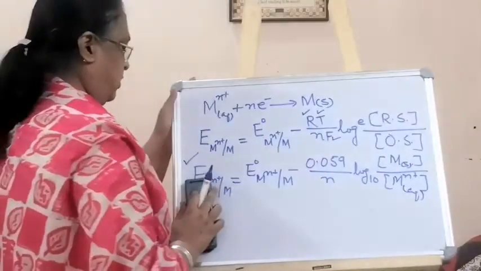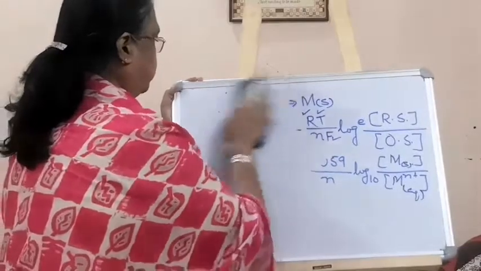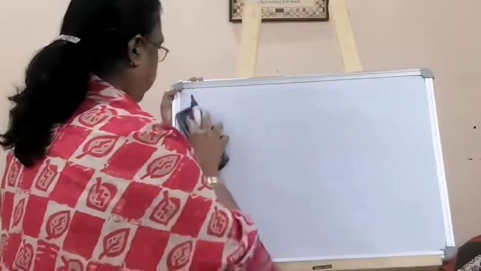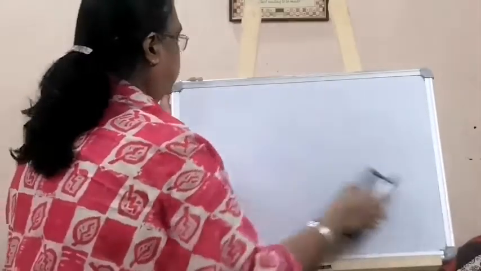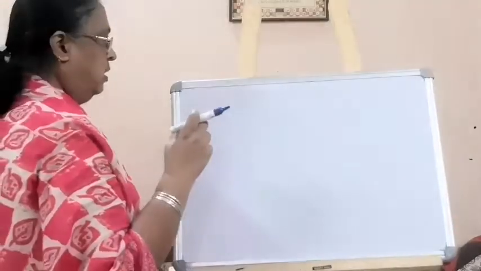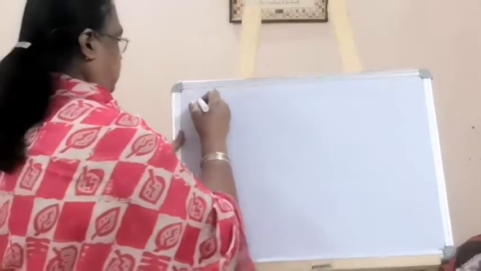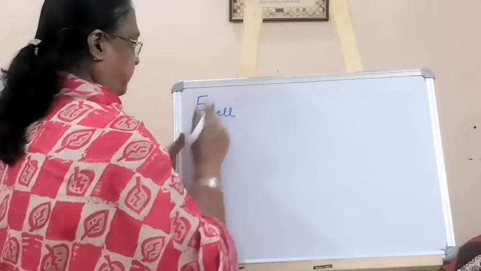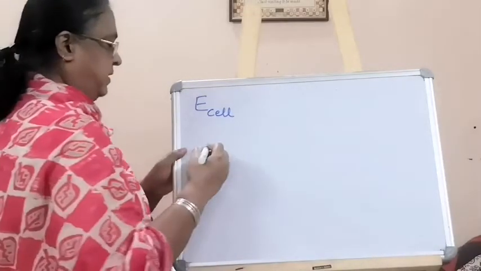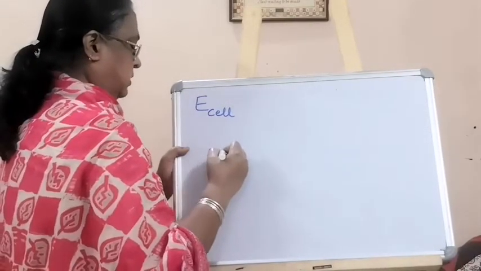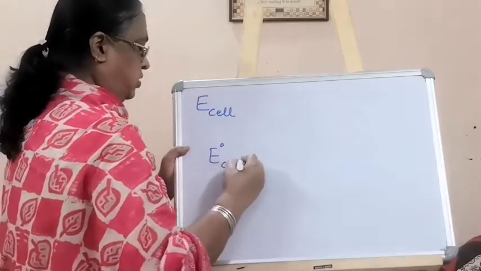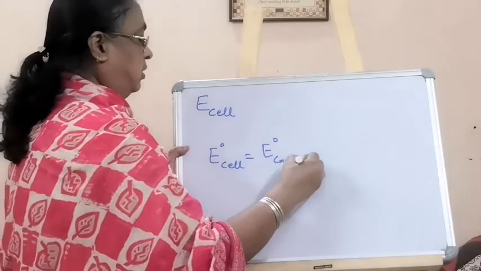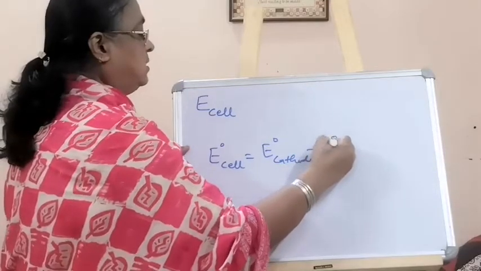Now I will teach you the application of this. With the help of the Nernst equation you can even find the cell potential, E cell. You have seen last time that the standard cell potential is equal to E0 cathode minus E0 anode.